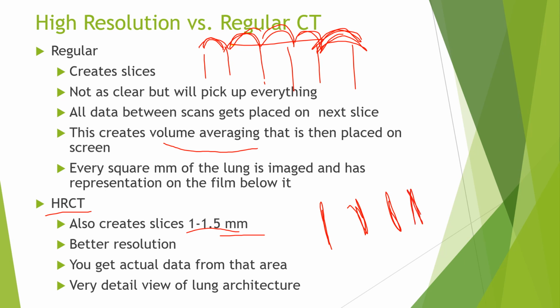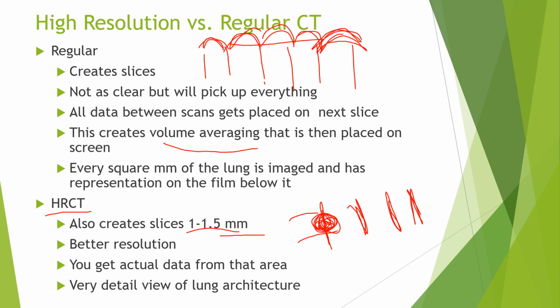It doesn't volume average. It doesn't combine them. And therefore, it's going to be a much better resolution. You can get actual data from that area, right? If I have a mass or a tumor and this slice catches it, then I'll be able to see the exact diameter of it. I'll be able to see the exact size of that slice. And that's a big advantage there.